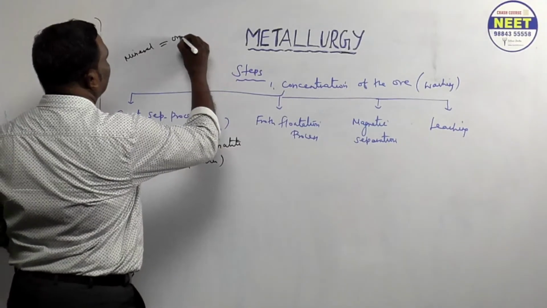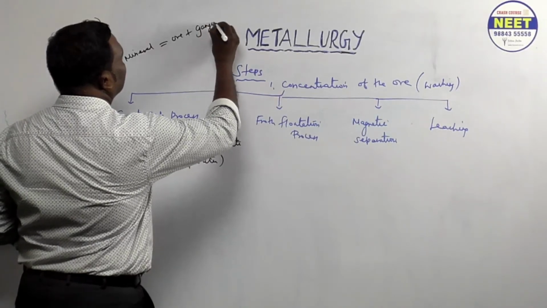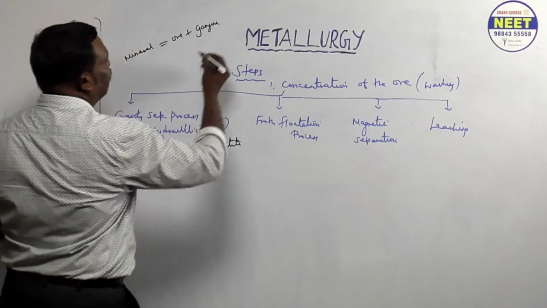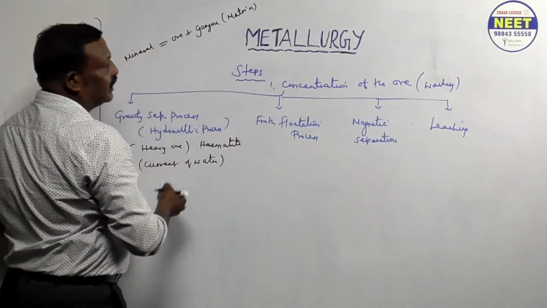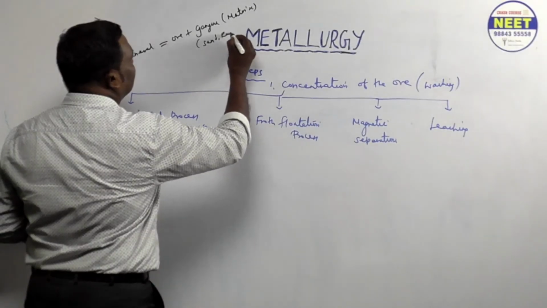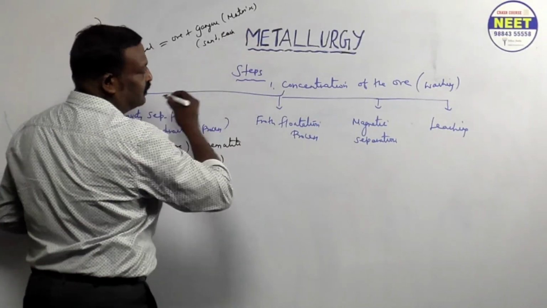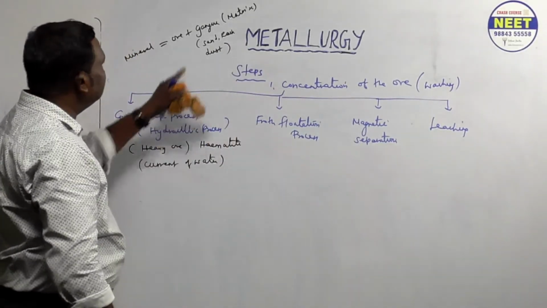It consists of ore plus gangue, or you can say matrix. This gangue is nothing but sand or rock, rocky substance, or dust. This is called gangue substance.